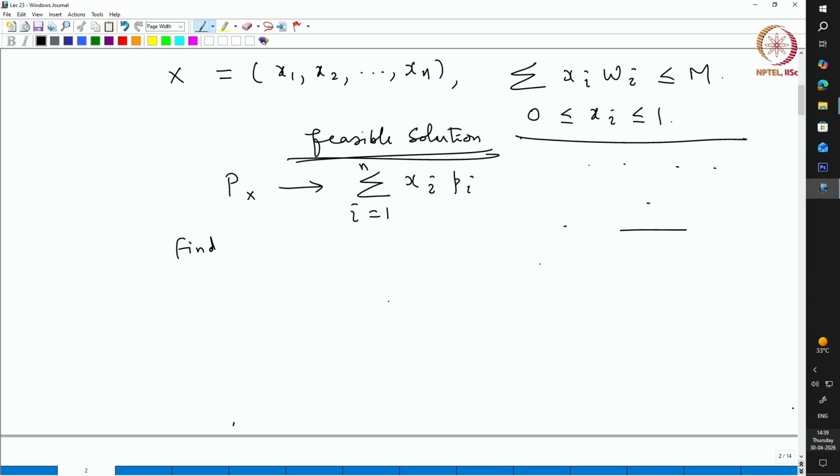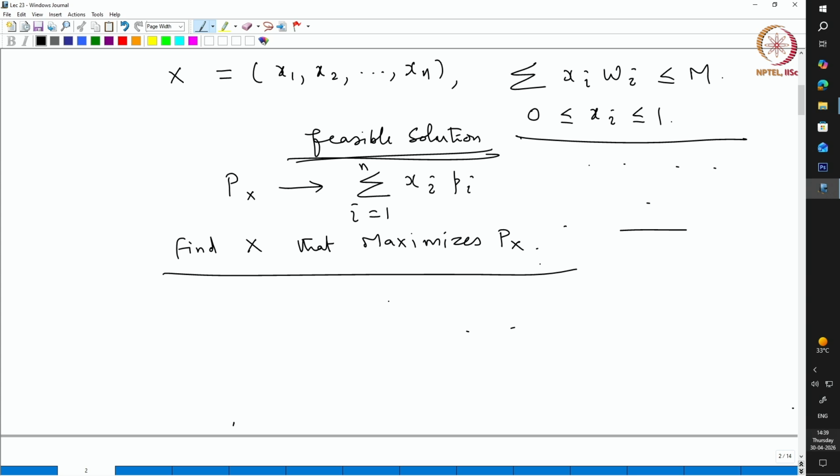Find x that maximizes P of x. Find that feasible solution which yields maximum profit. Because it is a profit, we would like to maximize. It is a maximization problem.